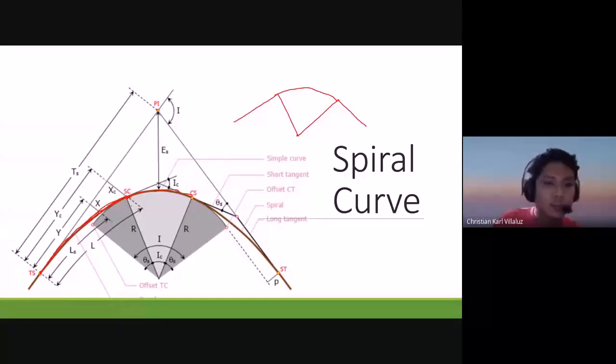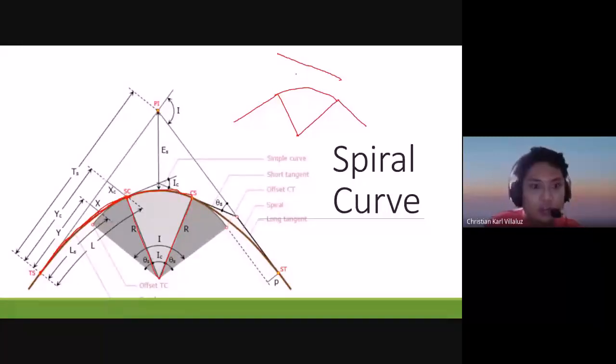So, ang simple curve kasi, ito yan, itong nasa gitna, ito na yung simple curve na kinocompute natin nung previous lesson. So, dito kasi located yung pinaka-maximum na degree ng curve natin, o yung maximum na liko. At sa pagdi-design din ng road, dito din sa simple curve, na-attain yung maximum super elevation. Okay, so syempre mahahalata nyo yan kung nakasakay ka sa kotse, kung liliko, makikita nyo na ang roadway natin ay naka-slope.